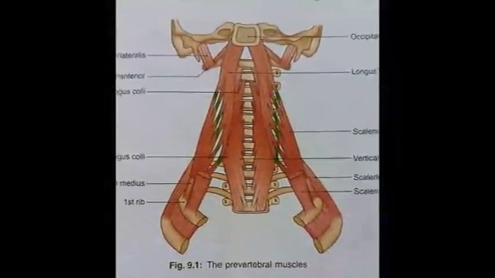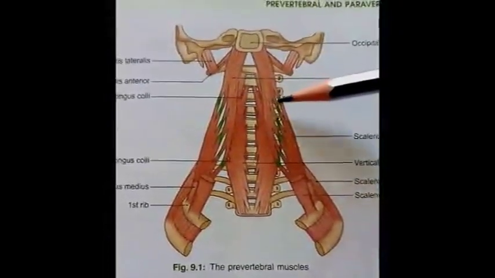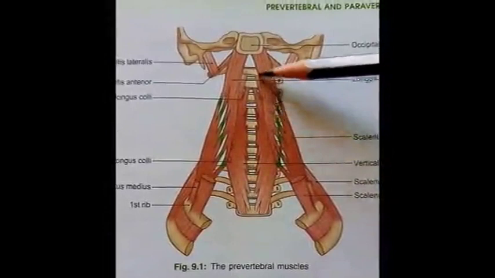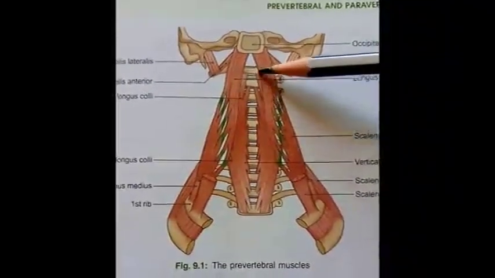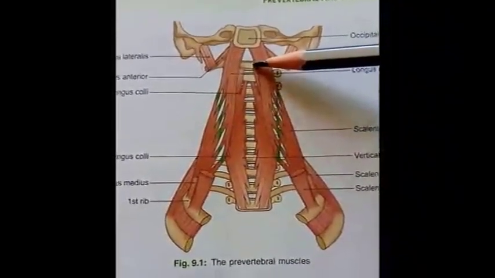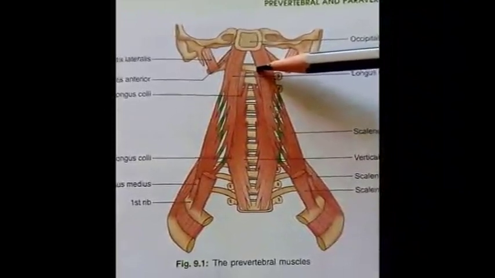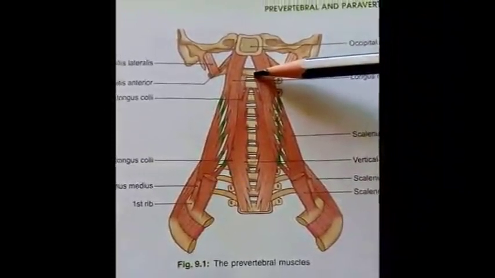Insertion of the upper part. The muscle fibers pass from lateral side to the medial side and from below upwards and reach the atlas bone and insert on the anterior tubercle of the atlas bone. That is the first cervical vertebra.